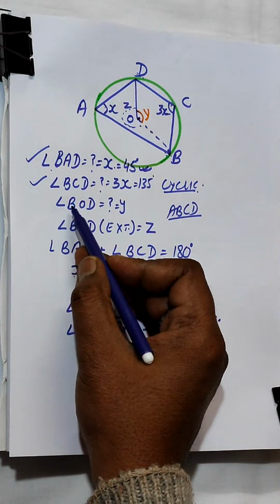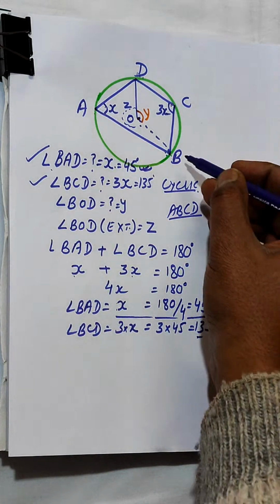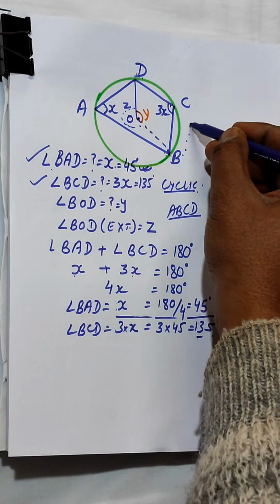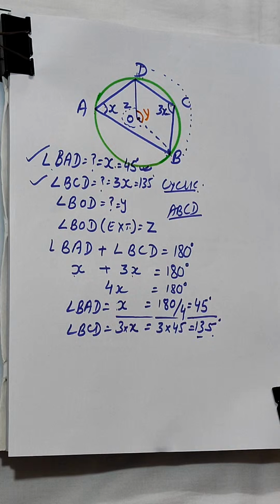What's the third part? Angle BOD. Students, see here. BCD is an arc of the circle.